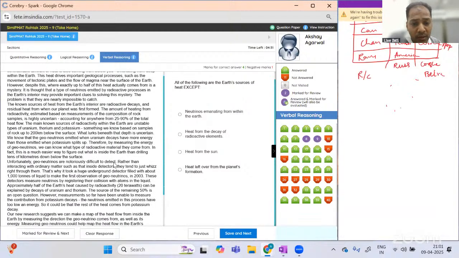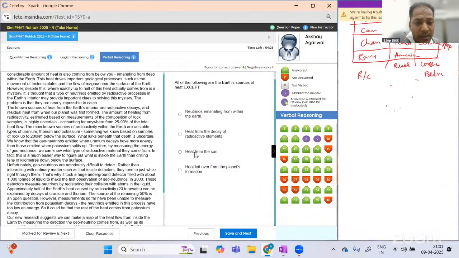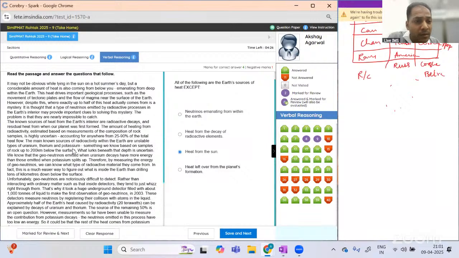heat from the sun. Heat from the sun is okay. Neutrinos are not the source of heat. Neutrinos help us measure that, if I'm not wrong. No, the sources of heat from the Earth's interior are radioactive decays and residual heat from when the planet was first formed.